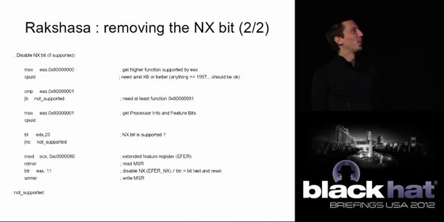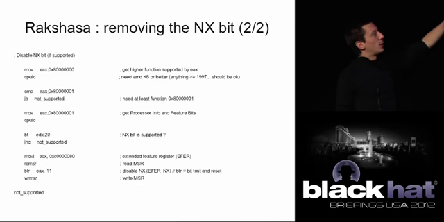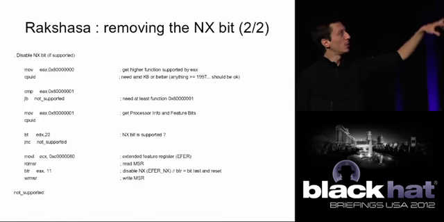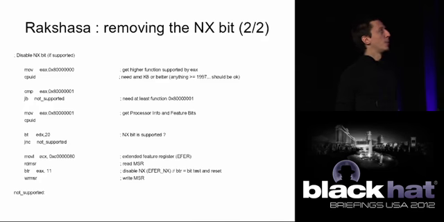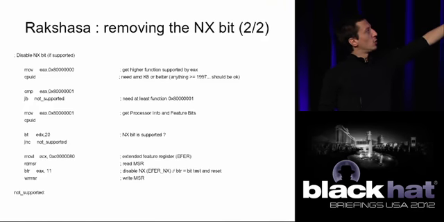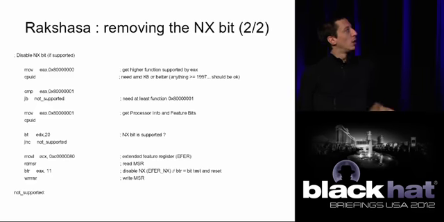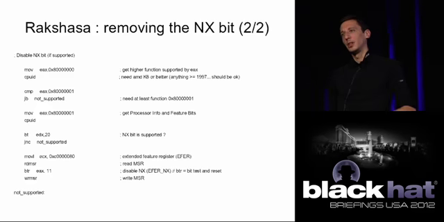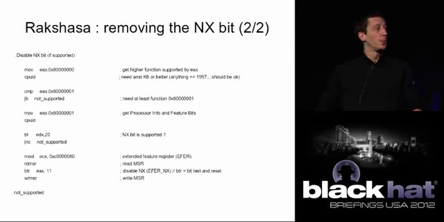First off, we query which is the highest function supported by the CPUID instruction. The function is always provided in EAX. If it is lower than 0x80000001, then it's not going to be good enough, but there again your CPU is super old.